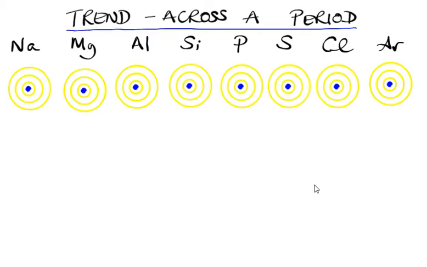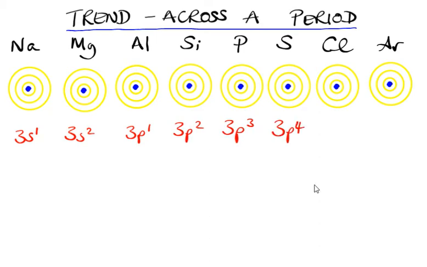If we have a look at the electron configuration, sodium's finishes 3s1, magnesium's 3s2, aluminium's, we move into the p subshell, 3p1, silicon's 3p2, phosphorus 3p3, sulfur's 3p4, chlorine 3p5, and argon 3p6.